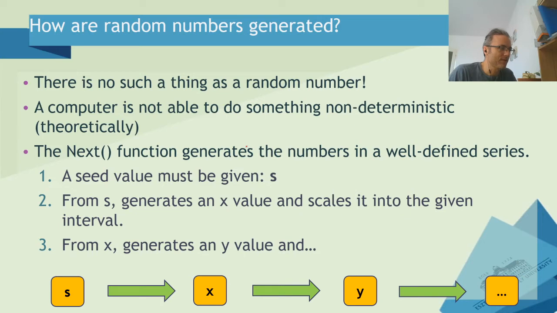And so if we want to do something which looks random, we have to simulate the random behavior. And this is how it is done in most cases.